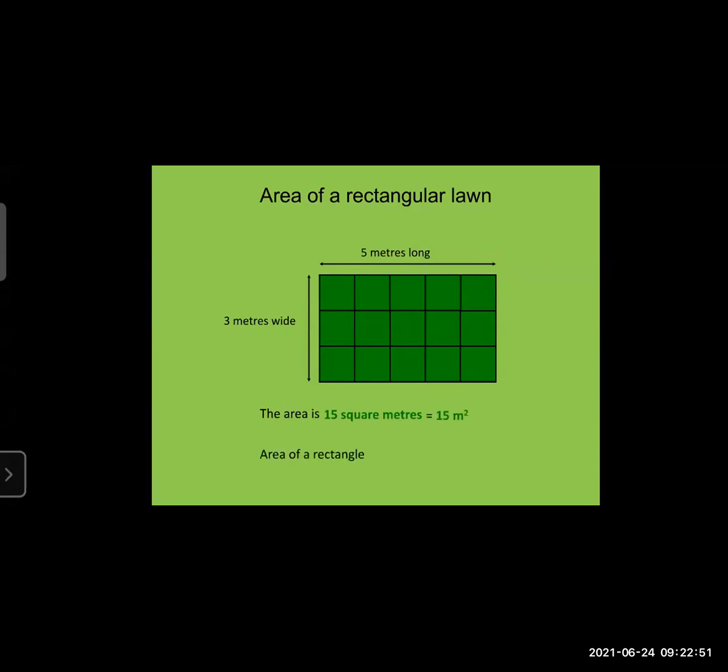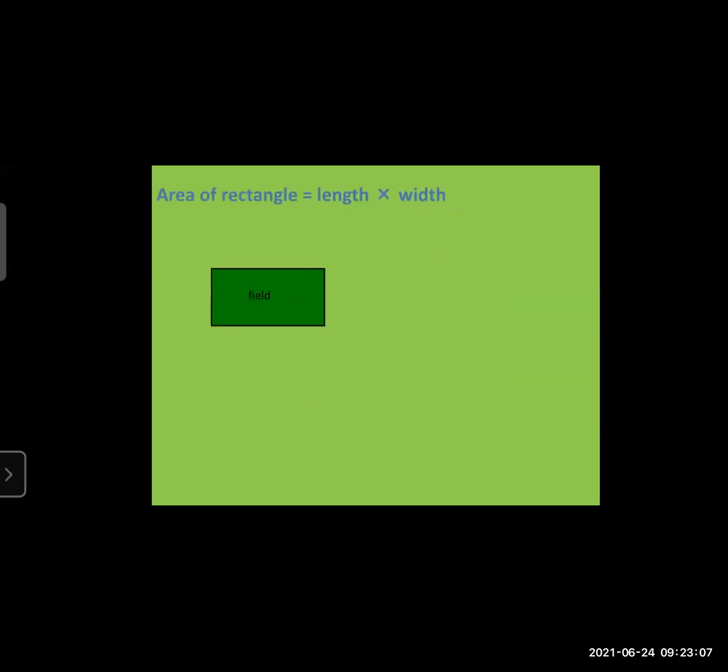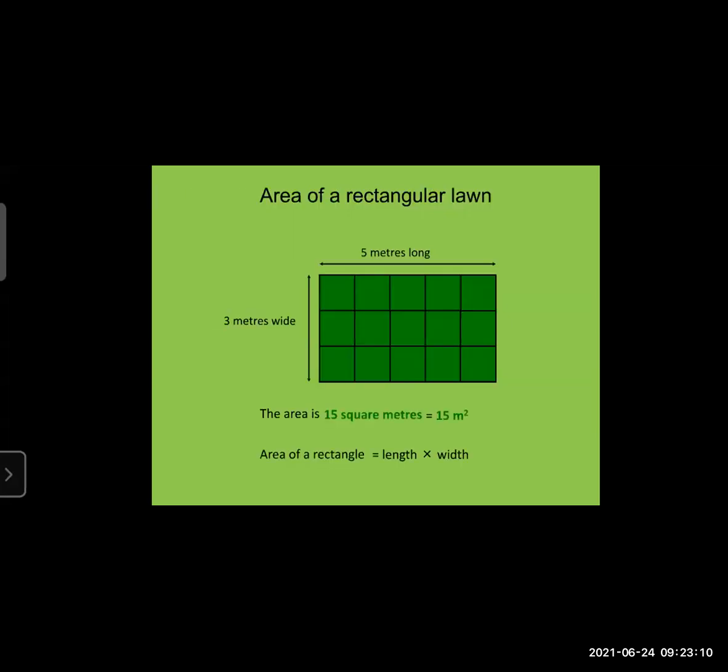So the area of a rectangle is equal to, sorry, area of rectangle is equal to 5 into 3, which is 15 meters square.